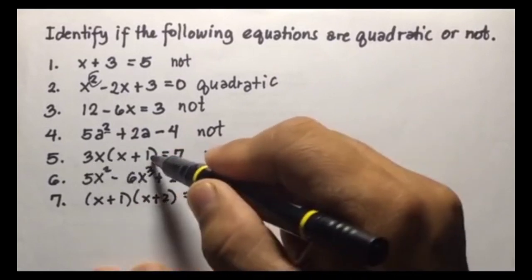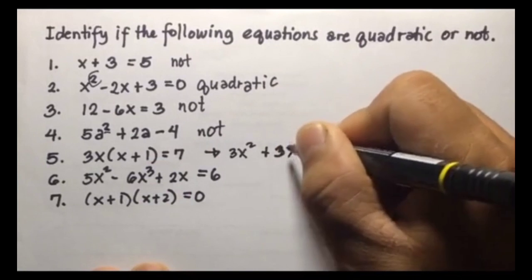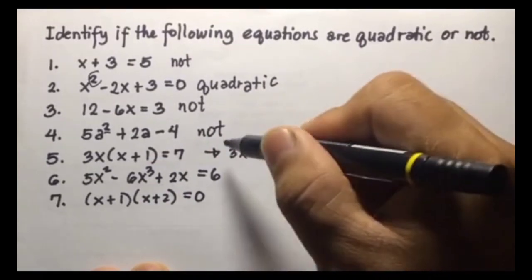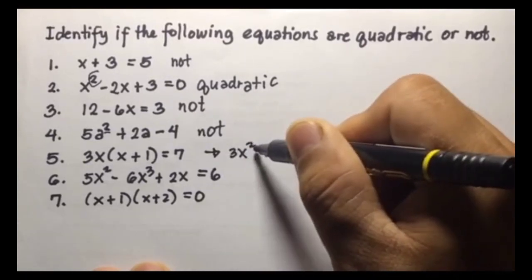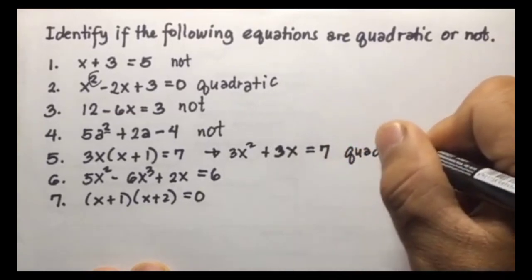Then 3x times 1 will be 3x. So plus 3x, then this is equal to 7. The highest exponent here is 2. Therefore, this is a quadratic equation.